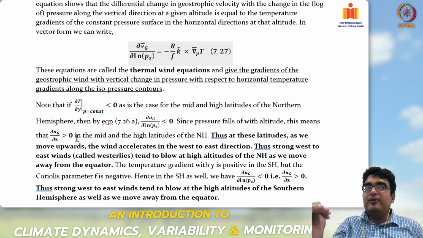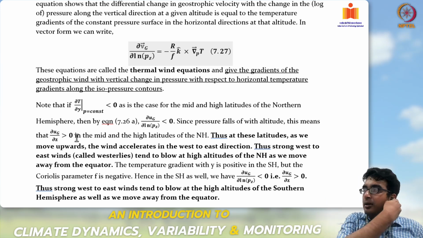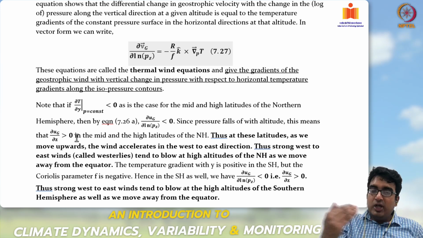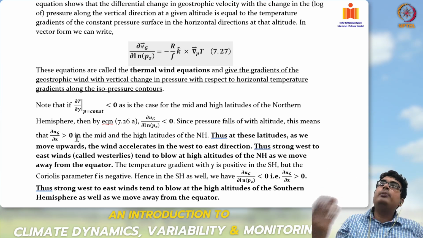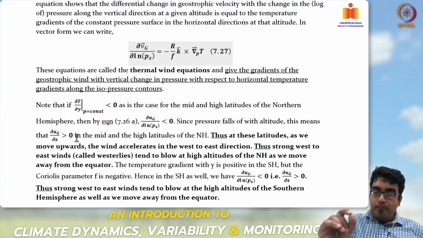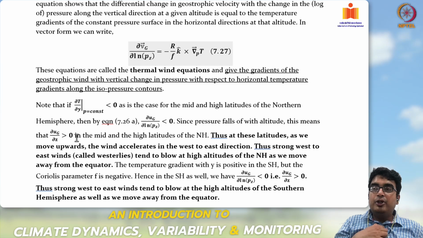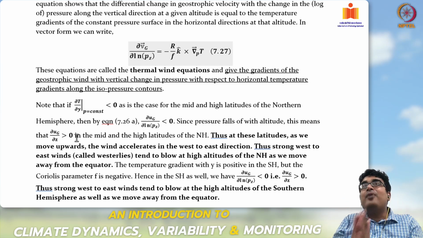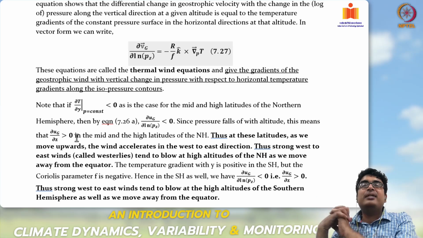That is, geostrophic velocity change with altitude will be positive, okay, in the northern hemisphere. What this means is, the zonal component of geostrophic velocity with altitude is positive. So, the winds are going to accelerate in the eastern direction.